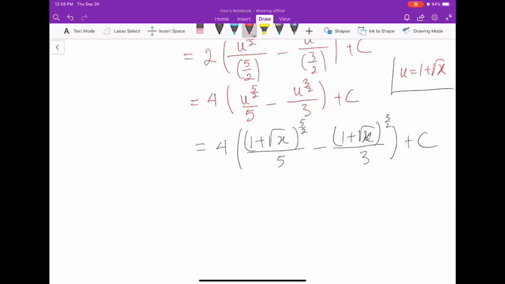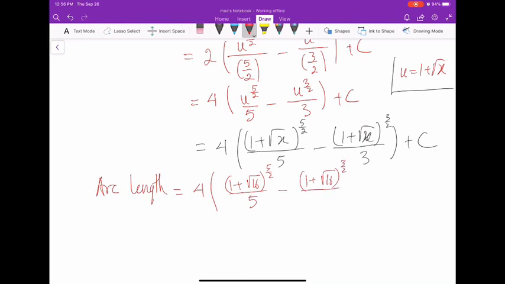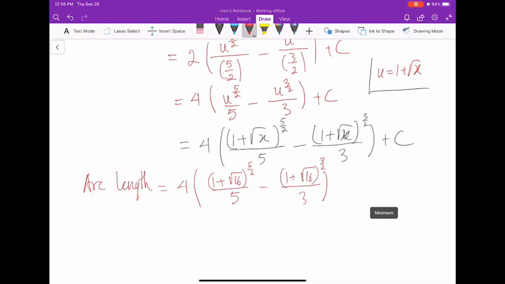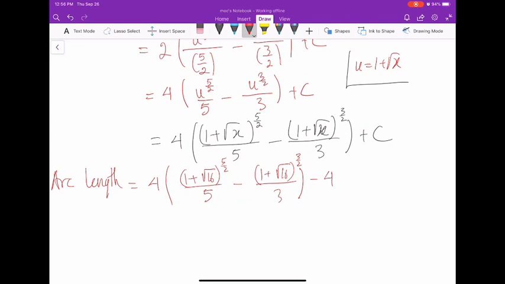So I can find the arc length is equal to 4 times (1 plus square root of 16) to the 5/2 over 5 minus (1 plus square root of 16) to the 3/2 over 3, all these things subtracted by 4 times (1 plus square root of 0) to the 5/2 over 5 minus (1 plus square root of 0) to the 3/2 over 3.